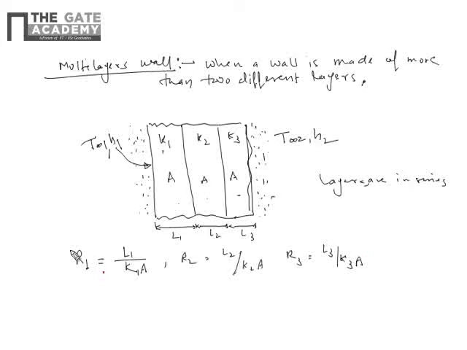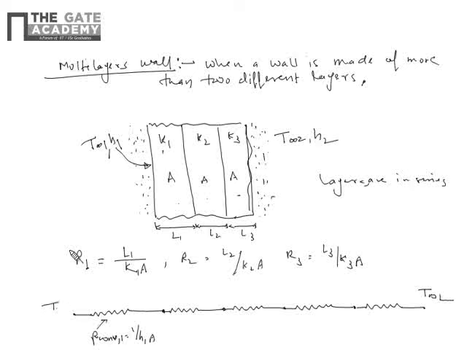So, the thermal resistance network for this series can be drawn as: this is the convection resistance or convection 1, which is nothing but 1 by H1A, first conduction resistance, second one, third one, and then again convection resistance. This is T∞2, this is T∞1.